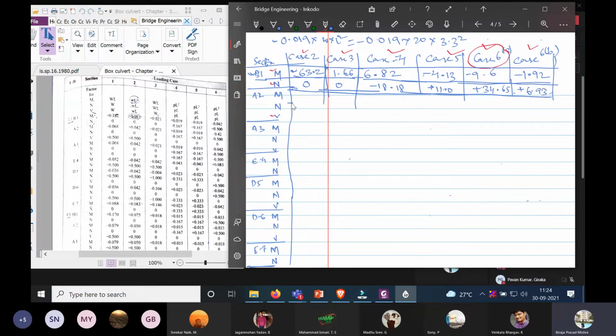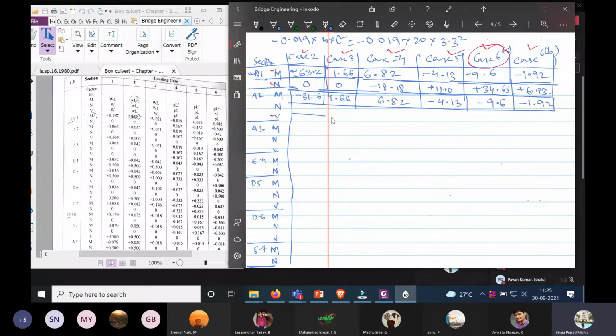Now the moment for the section A2. The first value is minus 31.6, 1.66, then 6.82, then minus 4.13, then minus 9.6, then minus 1.92.